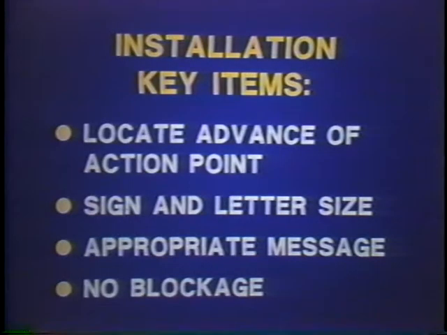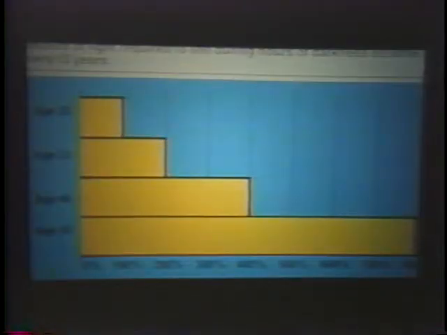To function properly, signs should adhere to specific standards. They should be installed at the proper longitudinal location, be the proper size, and contain the proper lettering. Have a standard message or a message that is appropriate for the situation, and be clearly seen. This chart shows why visibility at nighttime is so important.